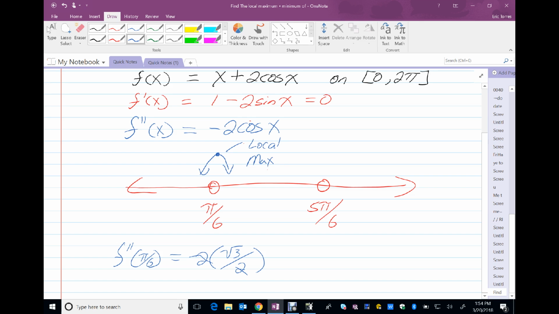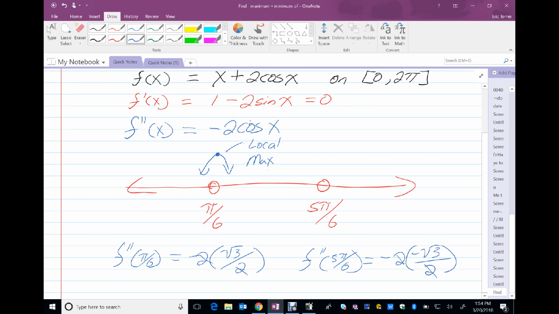Now I'm going to plug in 5 pi over 6 into the second derivative. And my second derivative is negative 2 times cosine, and 5 pi over 6 has a cosine of negative square root of 3 over 2.